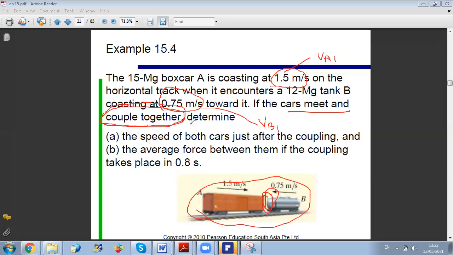Yes, very good. They become one body, meaning they have one common velocity. When they say they couple together, it means VA2 equals VB2 equals V final. Okay, it is one final velocity. Now, in order to get the final velocity, which is unknown, we take the whole system and write conservation of linear momentum.